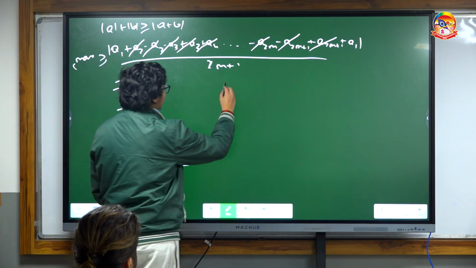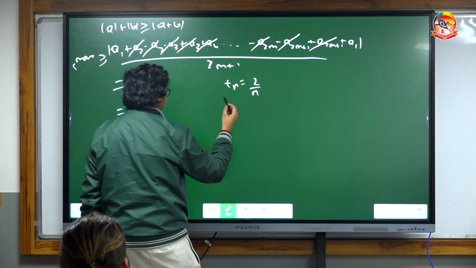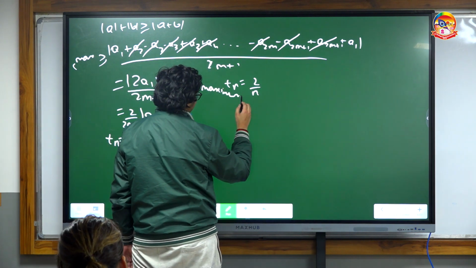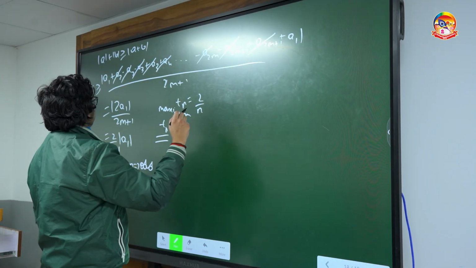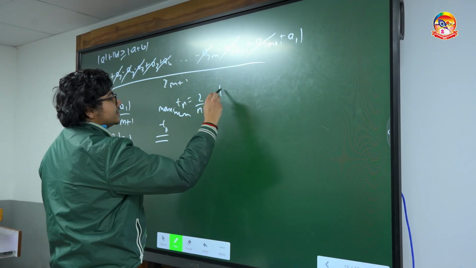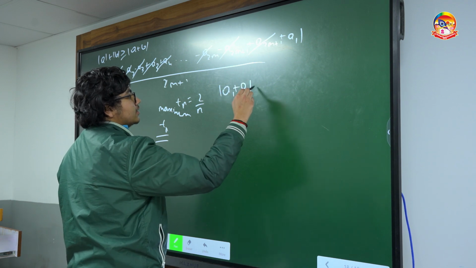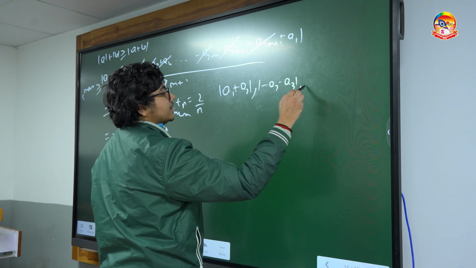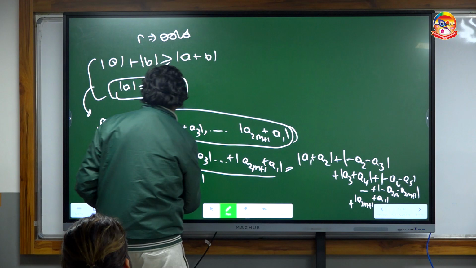Now we have to prove that Tn is equal to 2 by n is the maximum. We need a construction showing that this is the maximum value, 2 by n. So construction के लिए हमने शुरू में कुछ चीज़ें यूज़ की थी कि mod A1 plus A2, mod minus A2 minus A3, and this. All mods are equal because we have used the arithmetic mean.